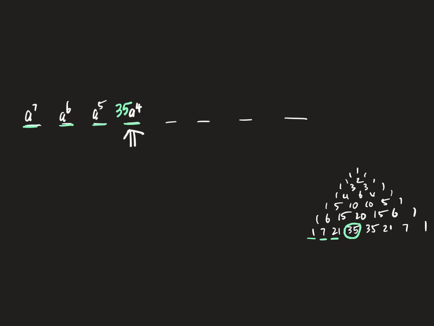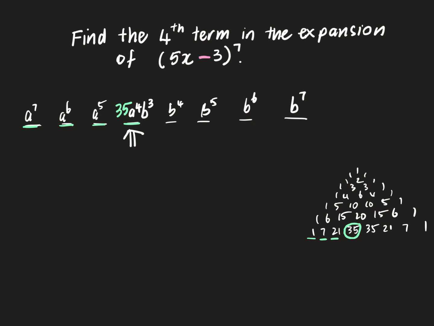I don't need to go any further than that because that's all I'm interested in. These ones start at this end: b to the 7, b to the 6, b to the 5, b to the 4. What's this one going to be? b to the 3. Okay, so here for this one, and I'm just going to check first, would it be plus or minus? Well, it's a minus here. That one's going to be minus, this one's going to be plus.